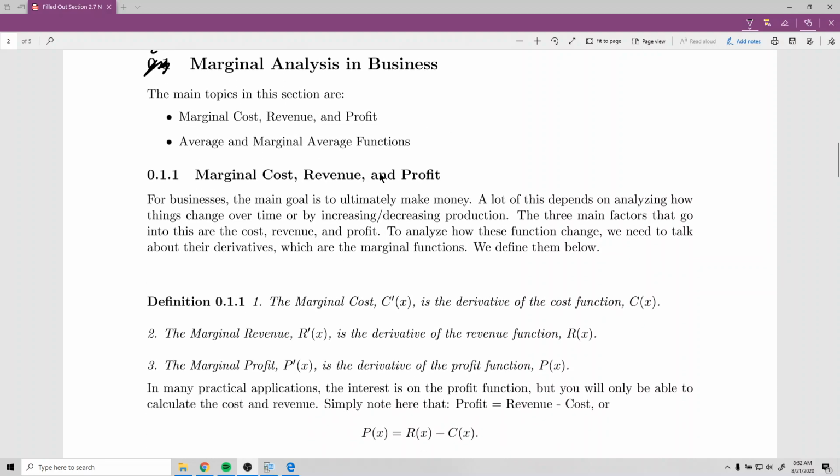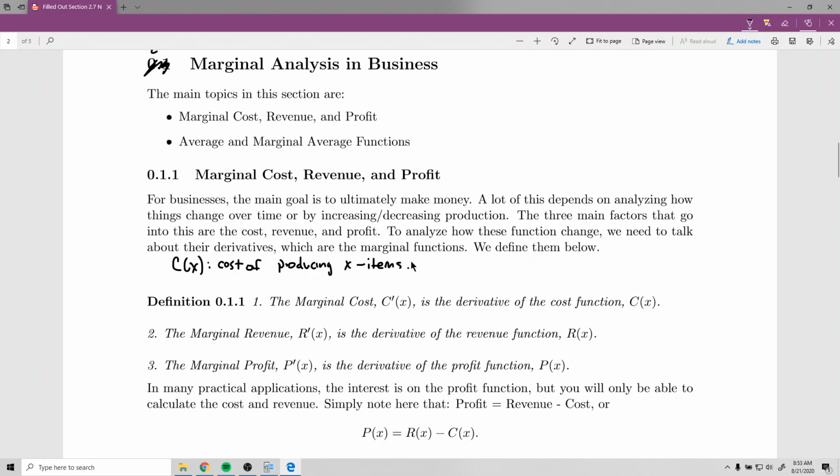Right, so if you're not super familiar with the cost, revenue, and profit, what they mean, I'll just outline them very briefly. Cost is how much, I'll say C of X, the cost of producing X items.